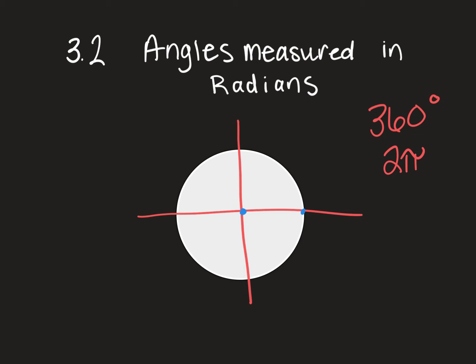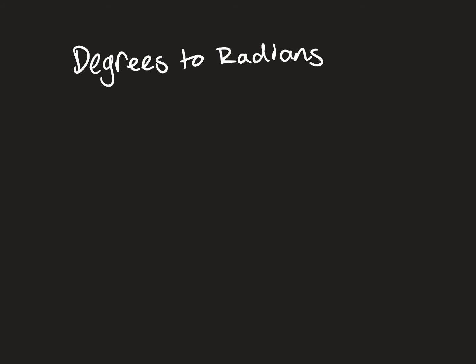So to convert back and forth between these measurements, if you're going from degrees to radians, you will multiply your degrees by pi over 180.